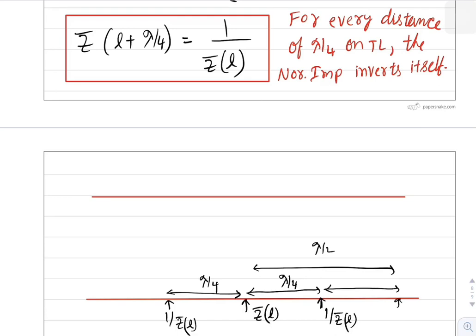If you try to measure the impedance here, you are going to get Z bar of L, which is nothing but our first case. So from these 2 points, you can conclude that for every distance of lambda by 4, the normalized impedance inverts, and for every distance of lambda by 2, the normalized impedance repeats itself.